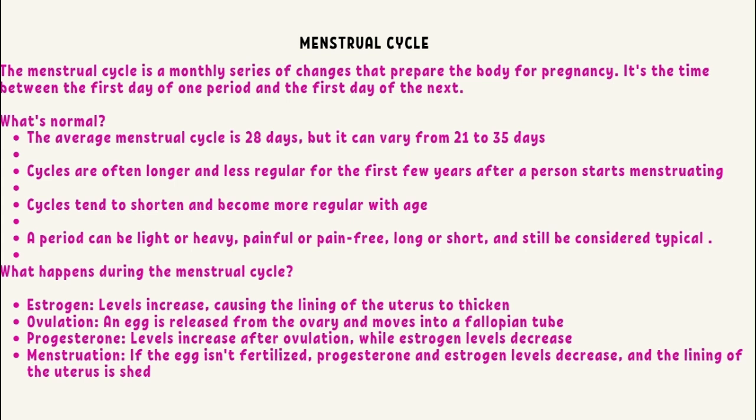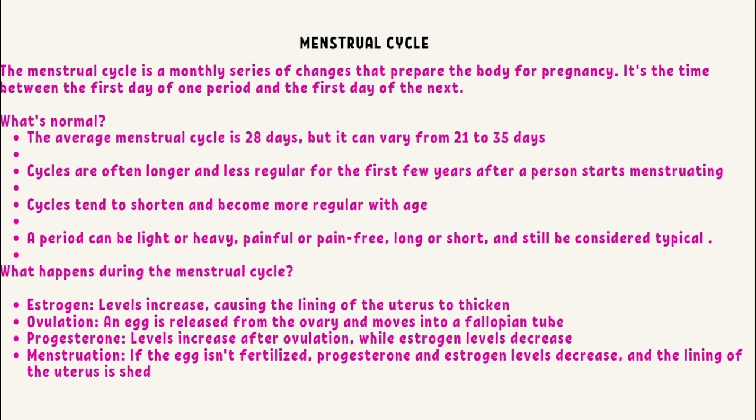Cycles tend to shorten and become more regular with age, and can be light or heavy, painful or pain-free, long or short, and still be considered typical, because pain is very much normalized in today's society. Period cramps are normalized as if it's nothing.